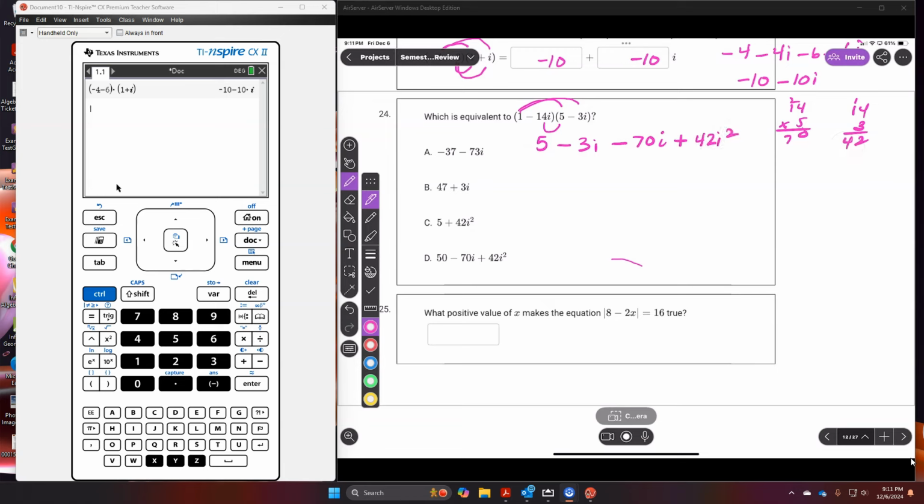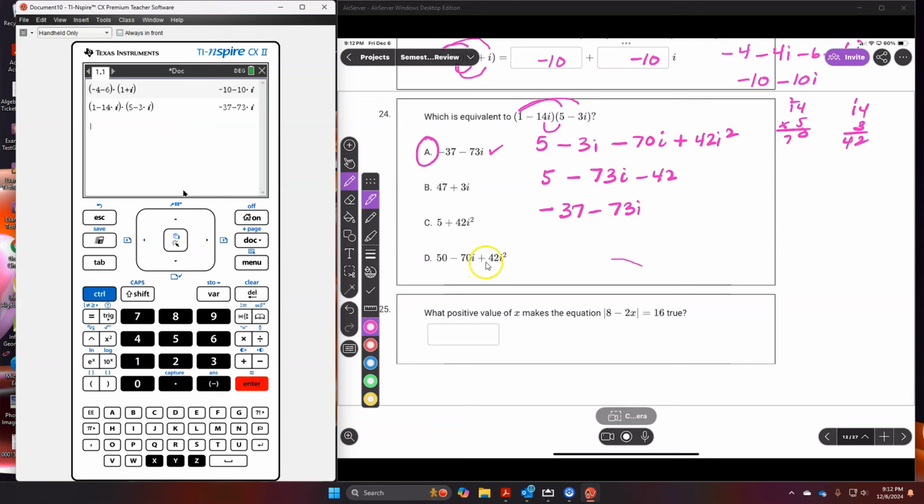So you have 5 minus 73i, and then you have 42i squared. So that's going to give you negative 42, and so it should be negative 37 minus 73i. I recommend all of you check with the calculator. So we have 1 minus 14i, and then we have 5 minus 3i, enter, and that's what I got.